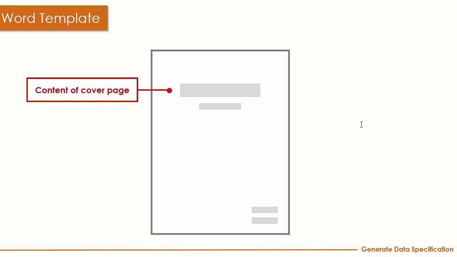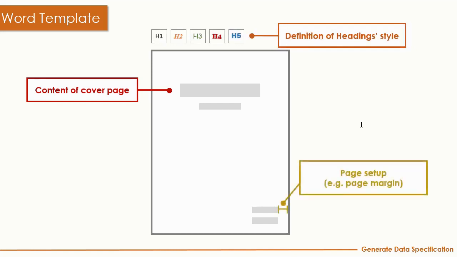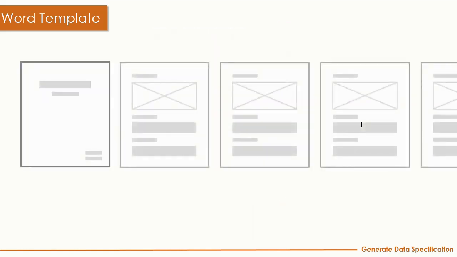The idea is you can specify a Microsoft Word file. Listen carefully, it is a Microsoft Word file, not a Word template file. It is a docx file. You can define the cover page, the header style of your document, and the page margin, etc. Then when you generate the documents, we will use your Microsoft Word template.